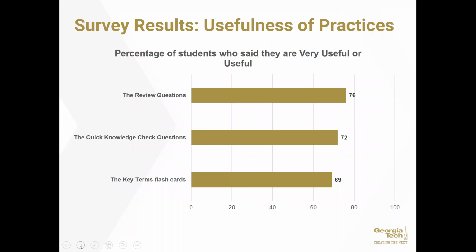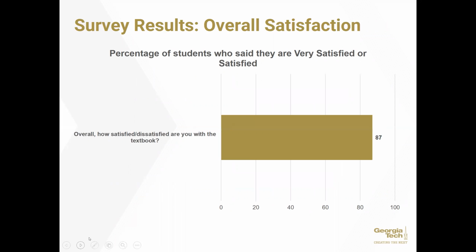And then we also asked how useful the practices are. So here are the results. About 69% to 76% said they are very useful or useful. And then the overall satisfaction rate is about 87%.